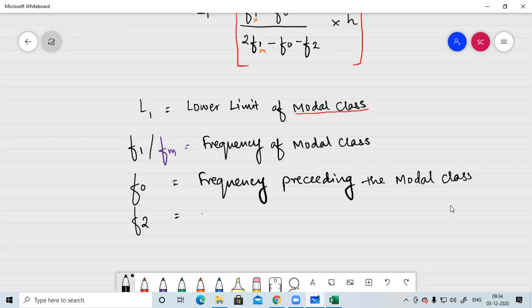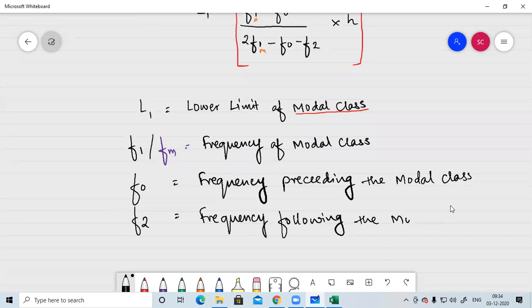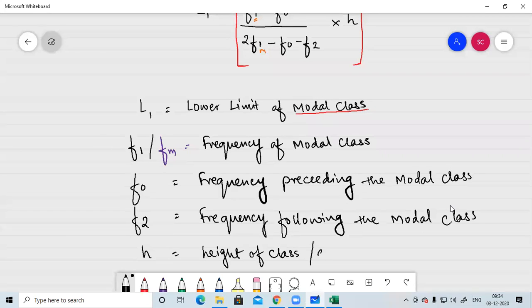F2 is equal to the frequency following the modal class. And we have H. H remains the same, and that is the height of a class, also known as width of a class, also known as length of a class, commonly known as class interval.